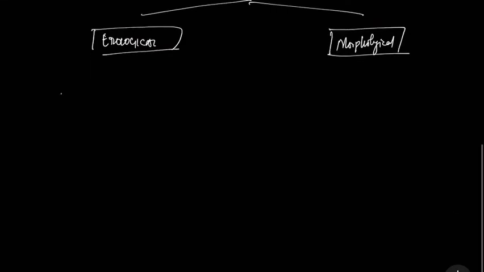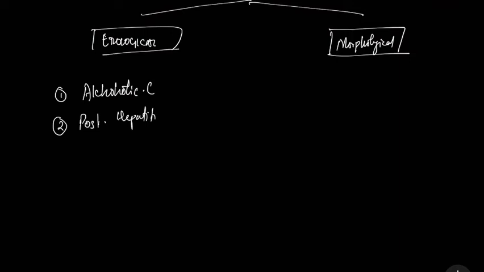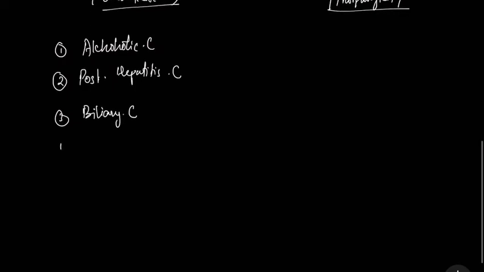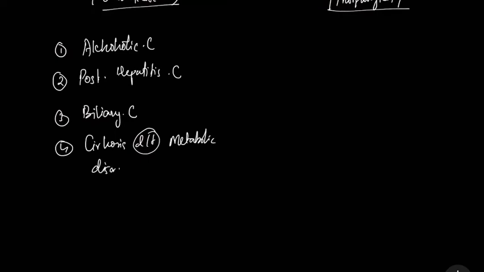Now, coming to your etiological classification, first there's your alcoholic cirrhosis. Second, we have your post hepatitis cirrhosis. Then we have your biliary cirrhosis. Then there's your cirrhosis due to any metabolic disorder, example, Wilson's disease.